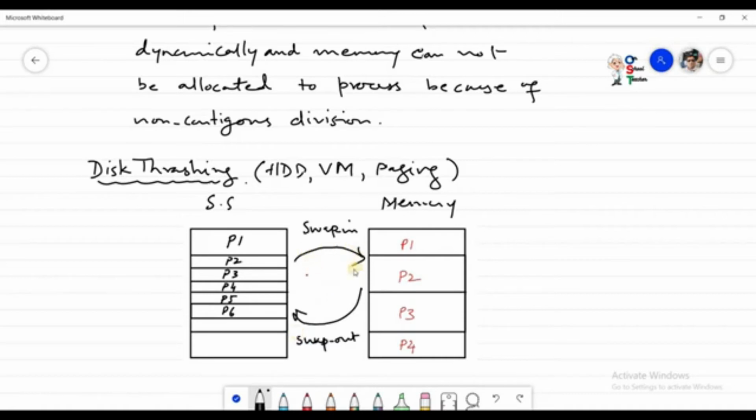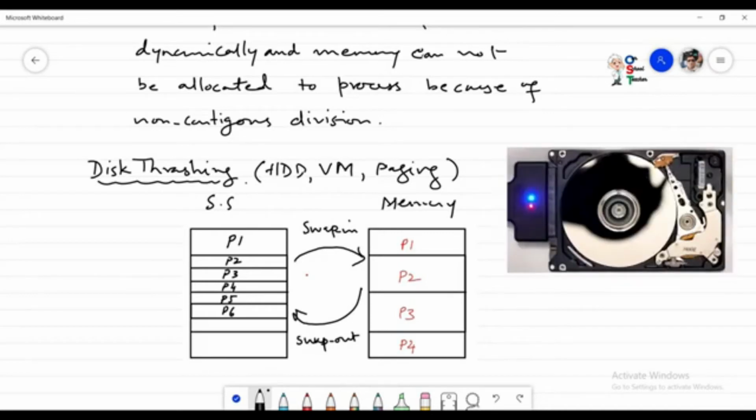So if there is a lot of swapping in and swapping out, then there will be overwork done by the hard disk drive. And you know that a hard disk drive is made of a number of platters, and there is a head which is writing data on it.